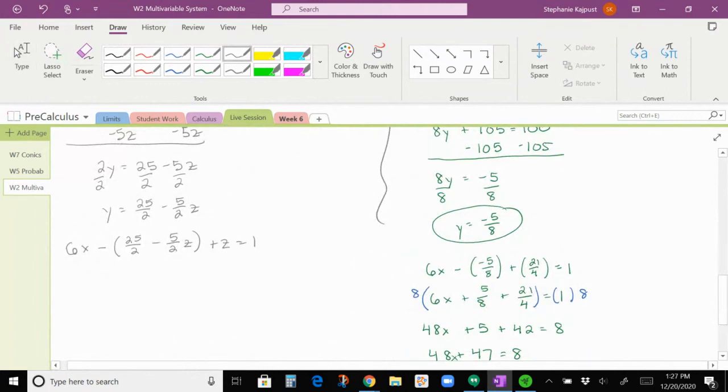So if you're someone that likes substitution, you can do substitution here. We would get 6x minus 25 over 2 plus 5 halves z, because the negative and the negative make a positive, plus z equals 1. And then what I would probably do is once again multiply both sides by 2 to get rid of those fractions so that you don't have to worry about them.